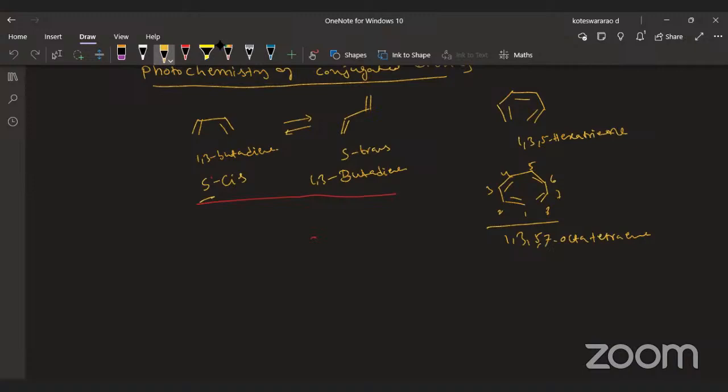Therefore, it rapidly undergoes isomerization. It produces s-cis 1,3-butadiene and s-trans 1,3-butadiene. At normal conditions, the ratio is s-cis 1% and s-trans 20%. That is, a 1 to 20 ratio of the proportions is observed.